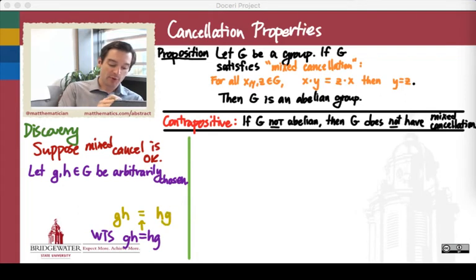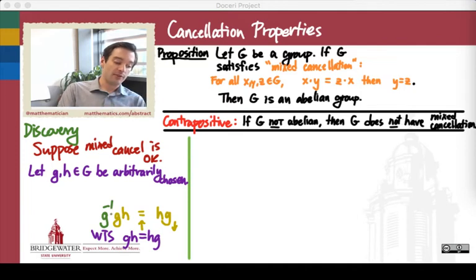If, for example, my last step was to apply the mixed cancellation property. So let me try introducing a common factor on both sides of this equation, but doing so on the opposite side of the equation. So let me put in a common factor of, I don't know, how about G inverse?